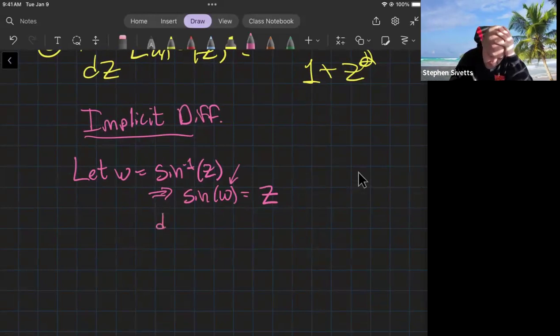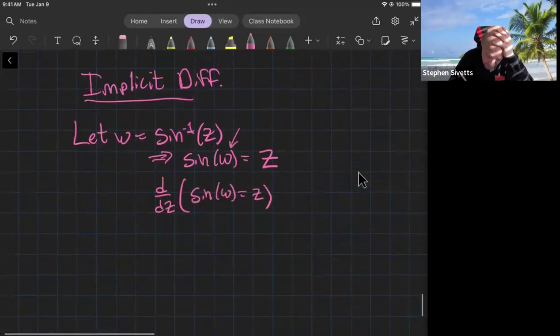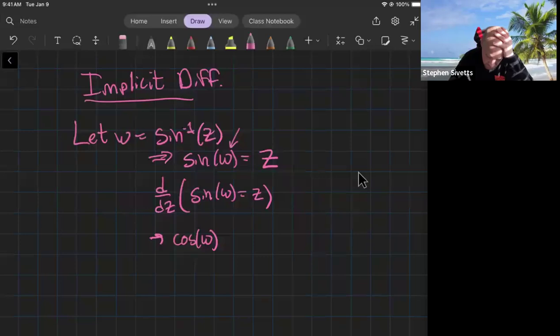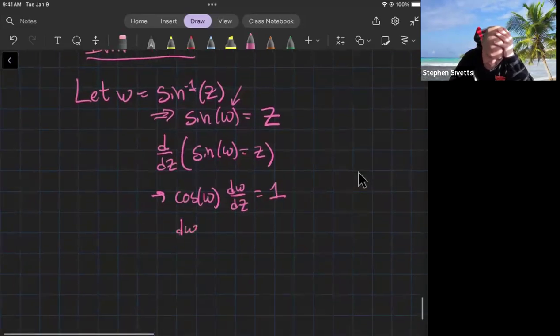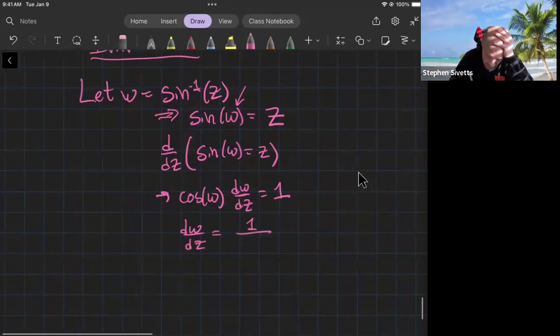So the derivative with respect to z of this equation, well, this would be cosine of w times dw/dz equals 1, right? And so dw/dz is equal to 1 divided by cosine of w.